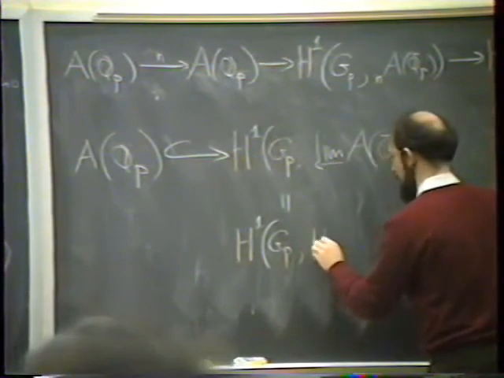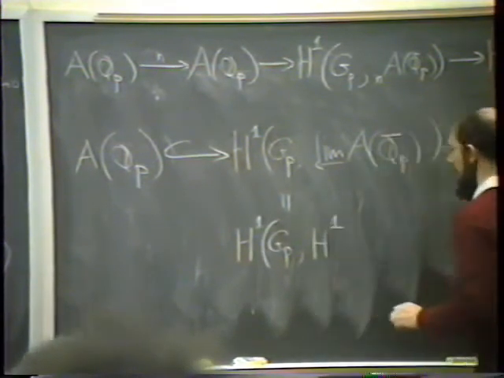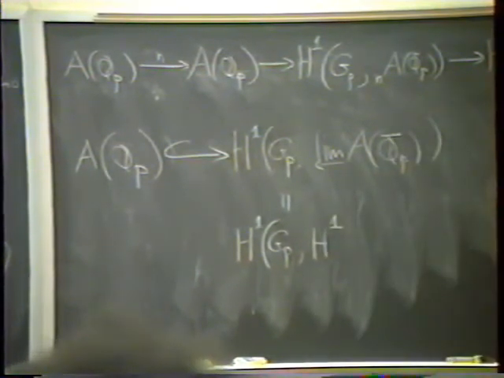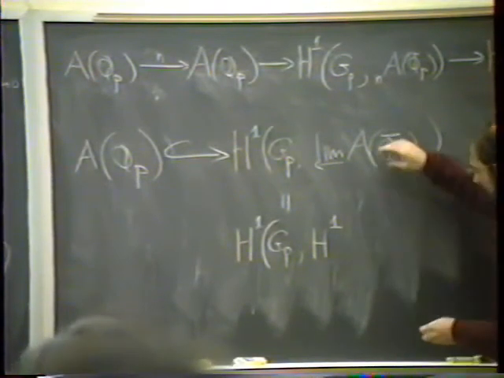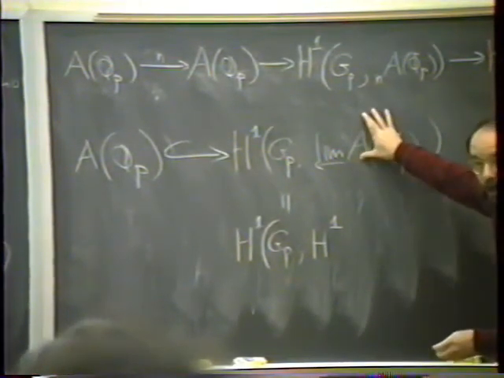With coefficients in, and now I have to use, I don't want to use, and I'm stuck with using, a little bit more about the theory of abelian varieties.